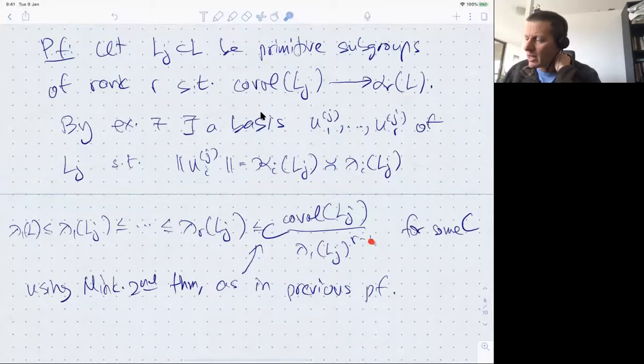And again, this is bounded below by this inequality. So this entire quantity is bounded above.